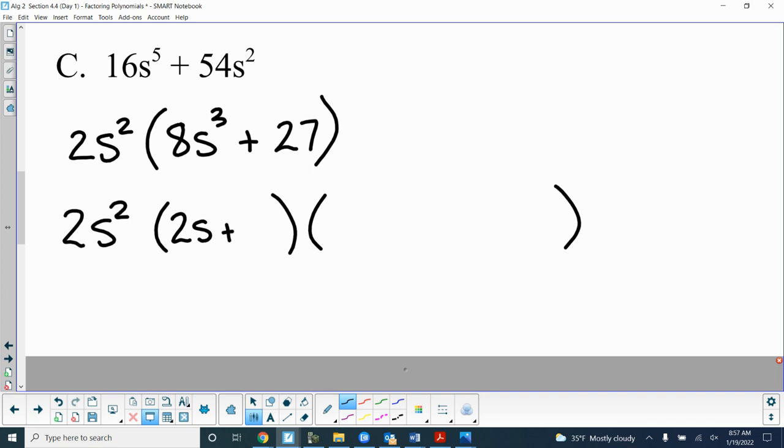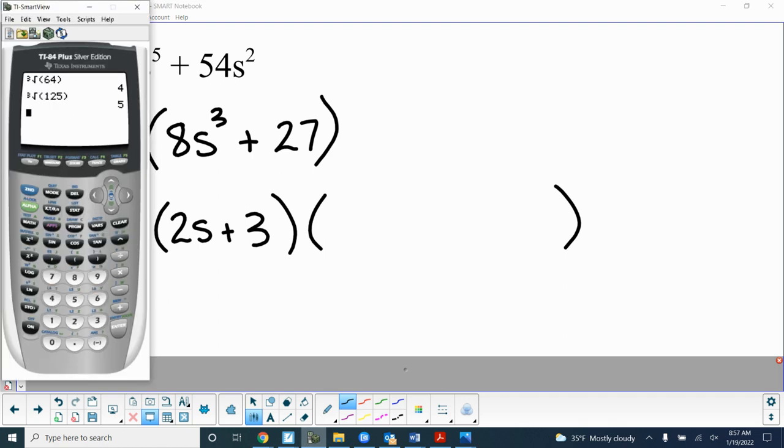What's the cube root of 27? 3. Just go to your math and you'll see the 3 there.